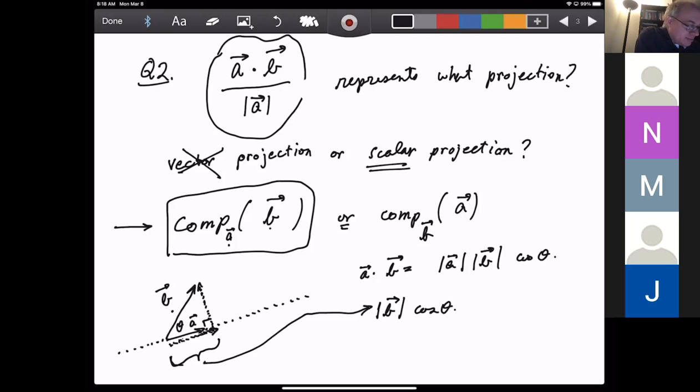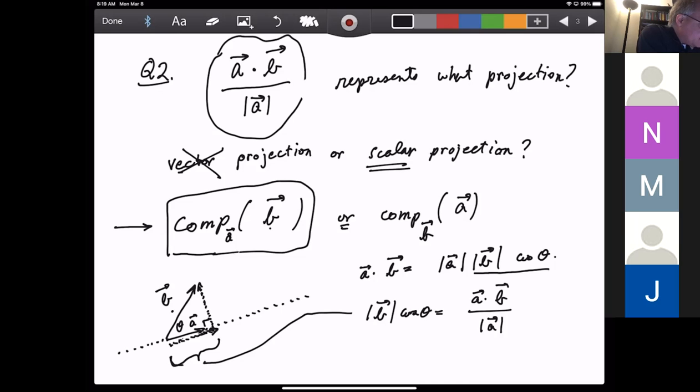Well, I can build that in terms of something I know, that B cosine theta shows up as part of the dot product. So B cosine theta is A dot B divided by the length of A. So there's a hint in the notation, right?